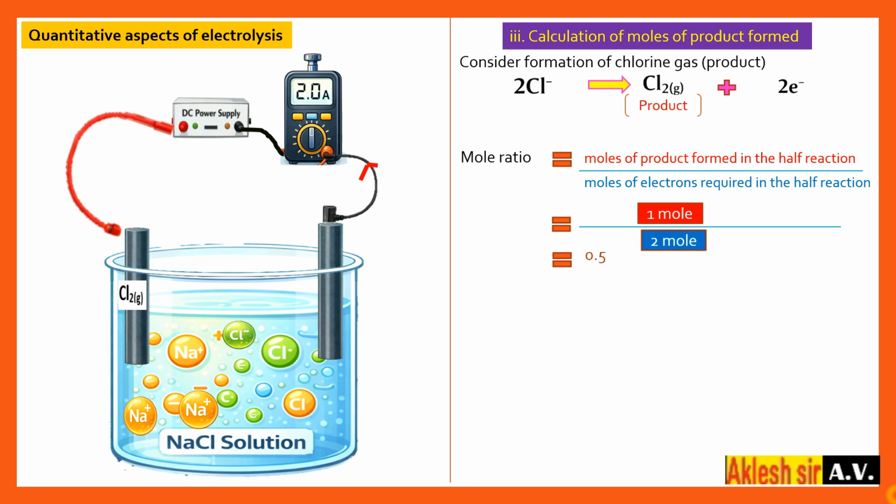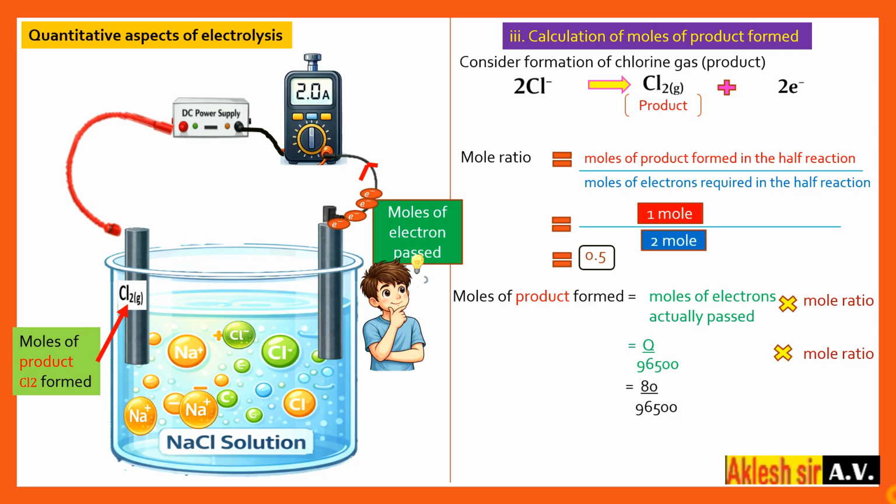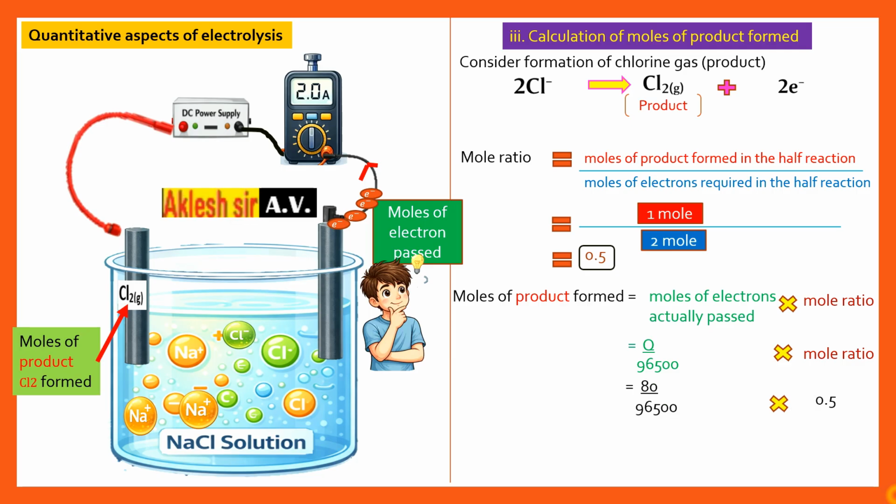Moles of product formed is equal to moles of electrons passed multiplied by mole ratio, which is equal to Q divided by 96,500 multiplied by mole ratio, which is equal to 80 divided by 96,500 multiplied by 0.5, which is equal to 8.290 times 10 raised to minus 4 multiplied by 0.5. Therefore moles of product Cl2 formed is equal to 4.145 x 10 raised to minus 4 moles.